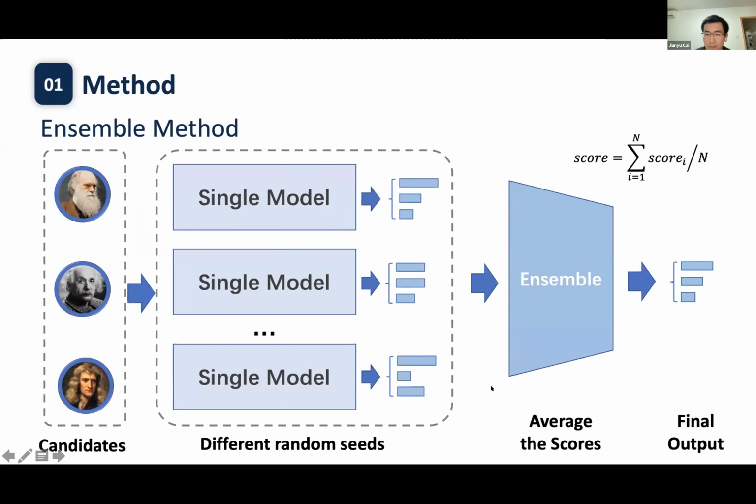We then apply the simple average, averaging the scores to obtain the final output, such that the final output could reduce the variance that is inevitably included in a single model. This ensemble model also proves to be very effective in improving the performance.